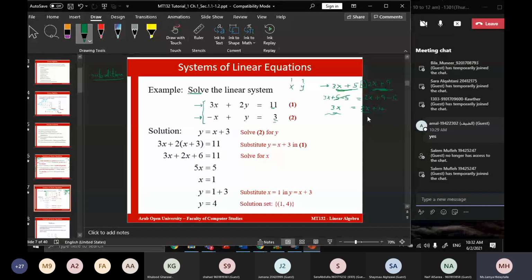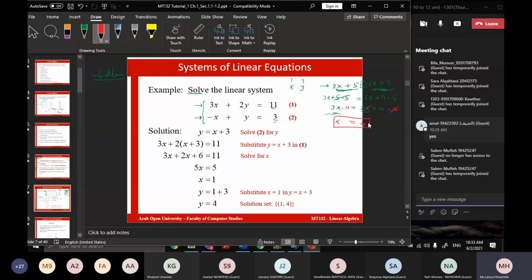We said when we have an equation, what we do in the left hand side, we should do in the right hand side. So minus 2x in both hands. So we have 3x minus 2x, 3 minus 2 is 1, right? So it is x. x is equal to, this will cancel with this, so it's equal to 4.